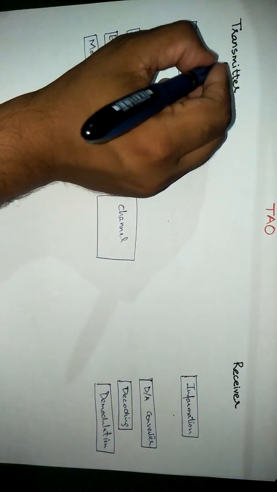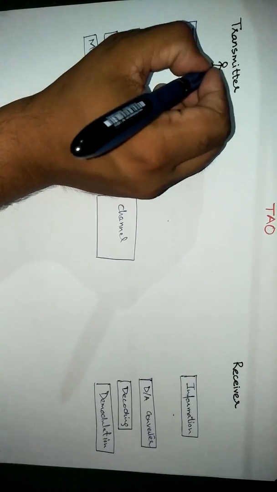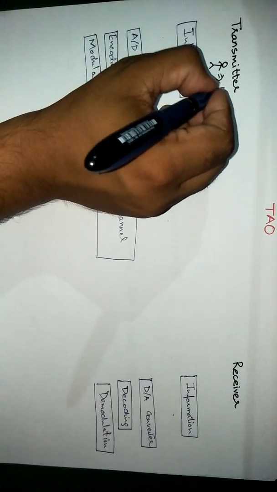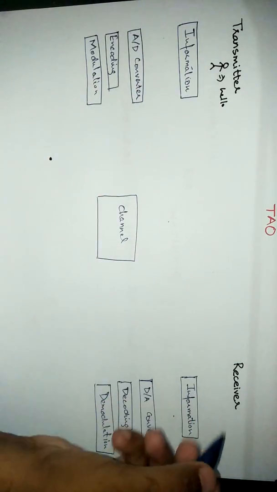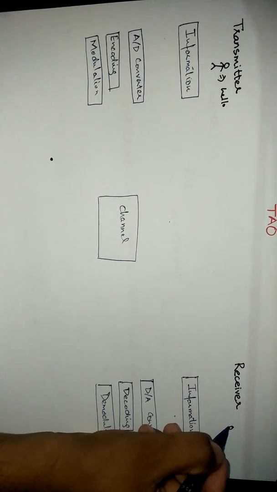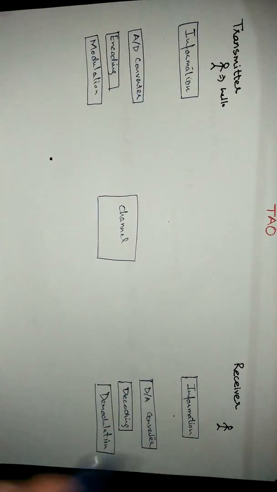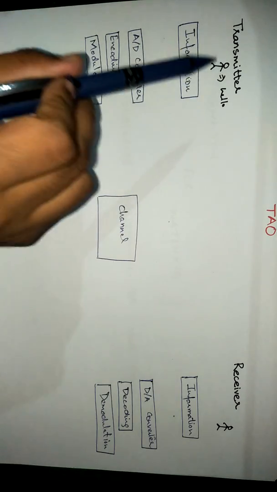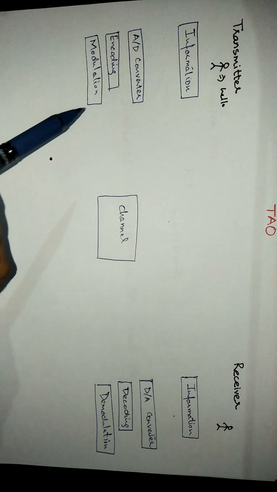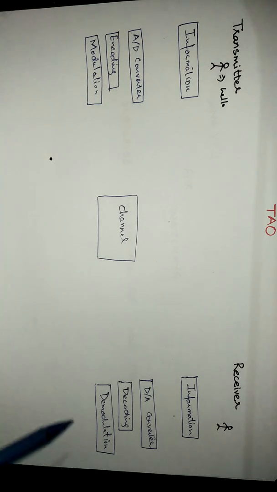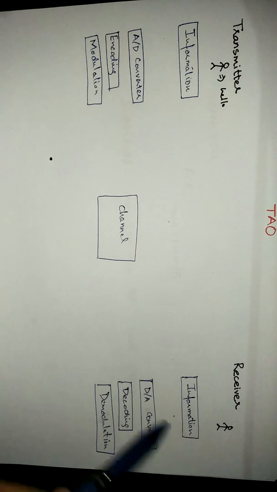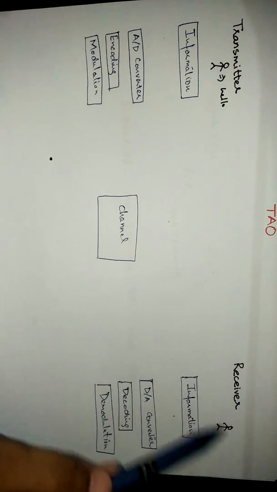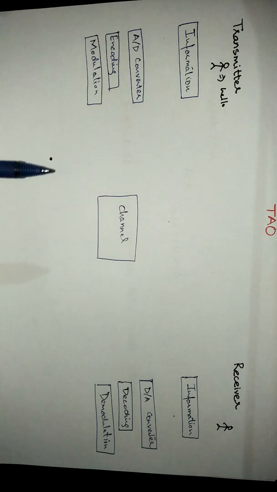Let's say here the transmitter is a person saying hello to the fellow sitting over here. For ideal communication, we want the hello that is sent through the transmitter to pass through the channel and be received here as hello, so that this person receives what this person is saying.